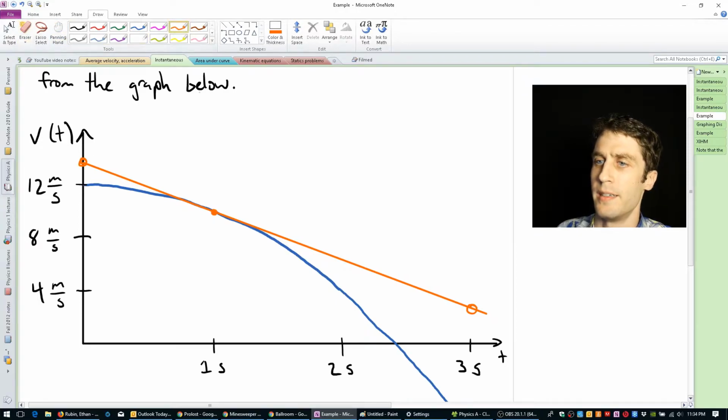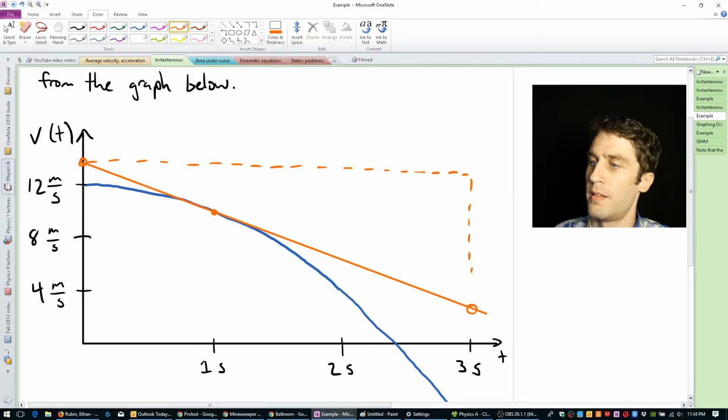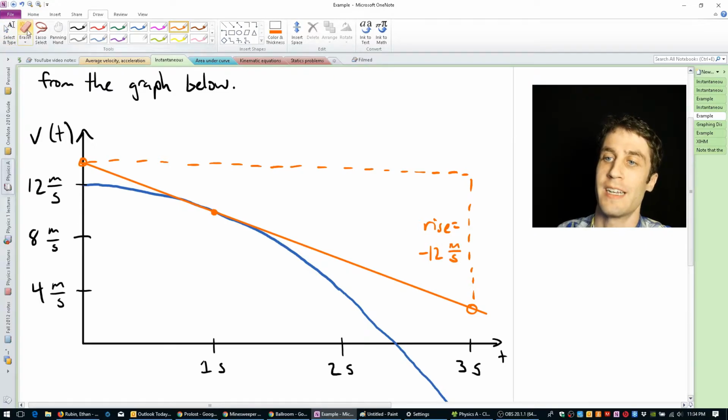And so what I get is draw a triangle, and the rise is, looks like it's maybe about 14 meters per second down to, I'll say 2 meters per second. So it ended at 2 meters per second and started at 14 meters per second, and so that's 2 minus 14 is negative 12 meters per second. Okay, gotta be careful. It needs that negative sign because this is a downward sloping line, right?